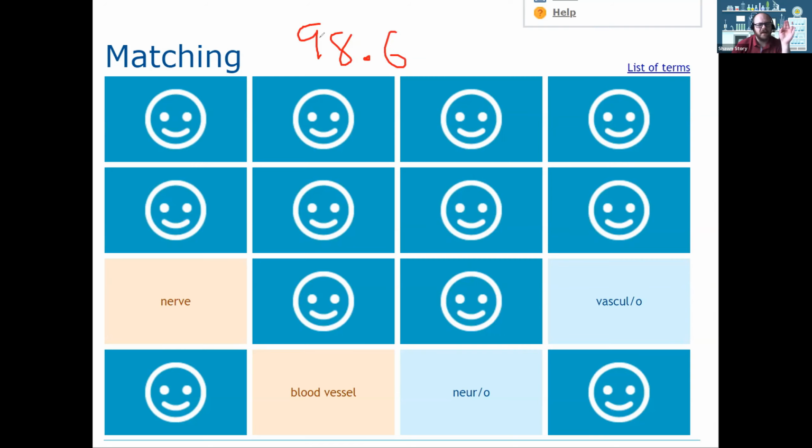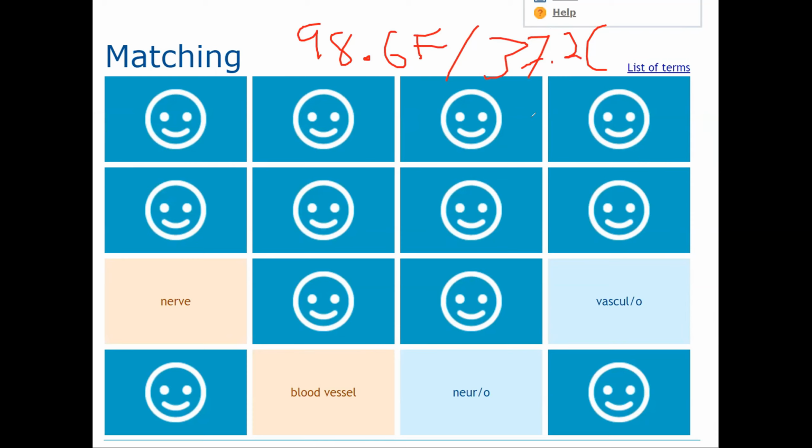That's the cutoff: above that, we say, ooh, that's a fever. And that is in Fahrenheit. What is that in Celsius? 37.2. Maurice gets the gold star. Good work.